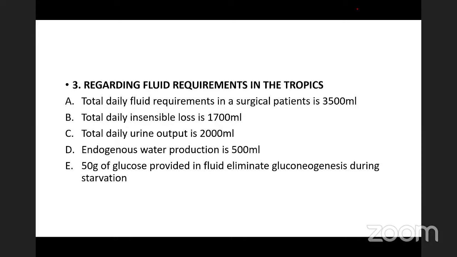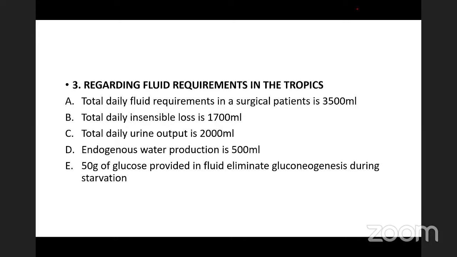Now, 50 grams of glucose provided in fluid eliminates gluconeogenesis. You should know that 50 grams is too small to prevent gluconeogenesis.